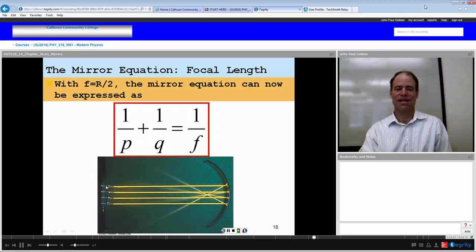And here's an example. We have parallel rays coming in to this mirror here, and they're all converging on a point which happens to be half the radius of curvature of the mirror itself. And that distance of that point to the vertex of the mirror is the focal length.